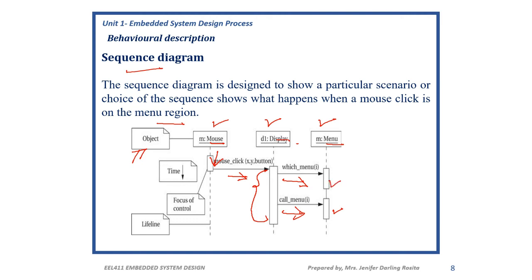You can see the comment box says focus of control. These tiny rectangular boxes are called focus of control. And you can see the dotted lines here, right? These dotted lines are nothing but the lifelines. Even after the mouse clicking operation is finished, it will be available.